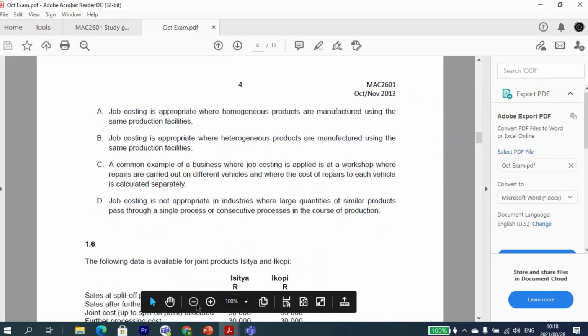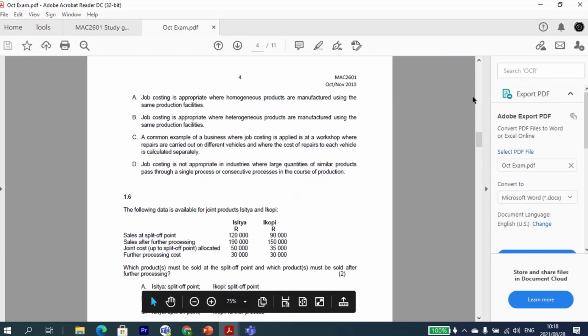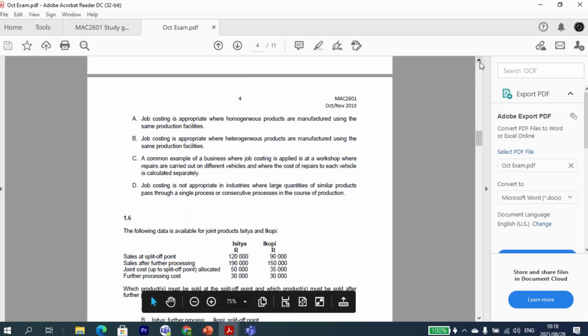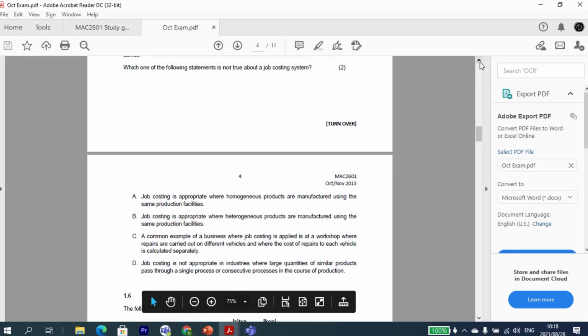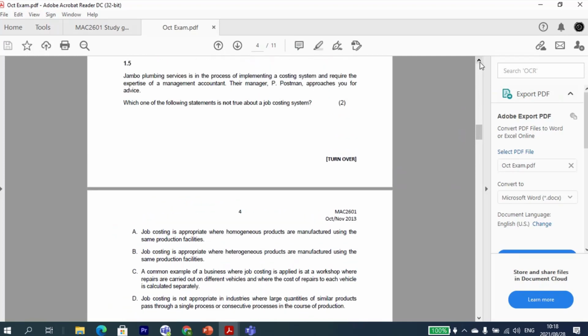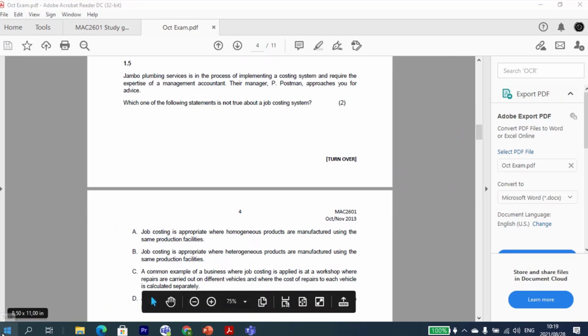Normally job costing, from what I've seen, not to say that they wouldn't ask it as a full question, is normally in your multiple choice questions, and you cannot afford to lose out on 2 marks, right?